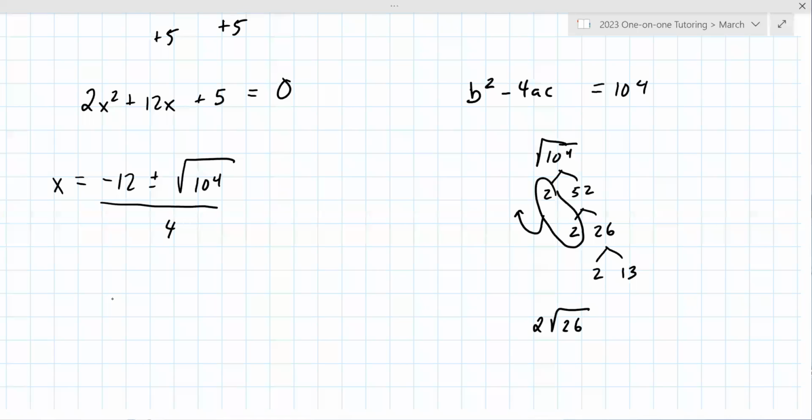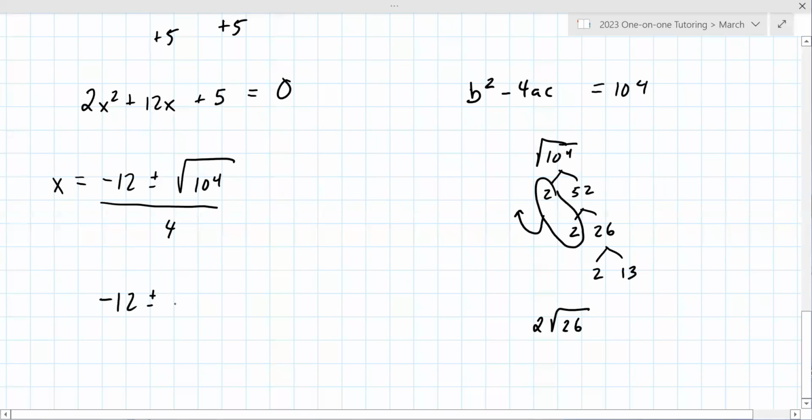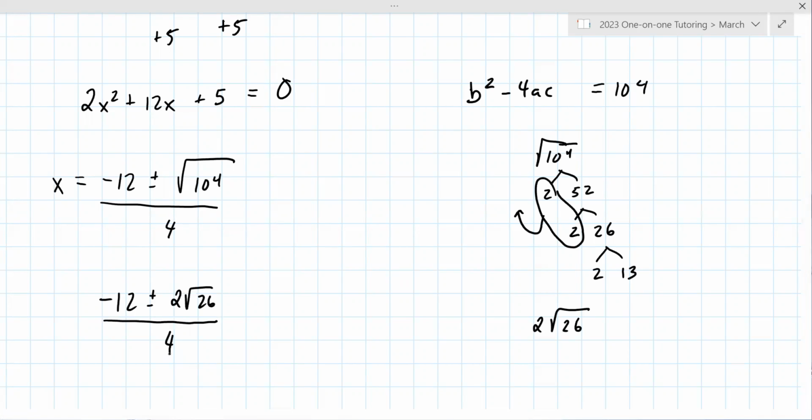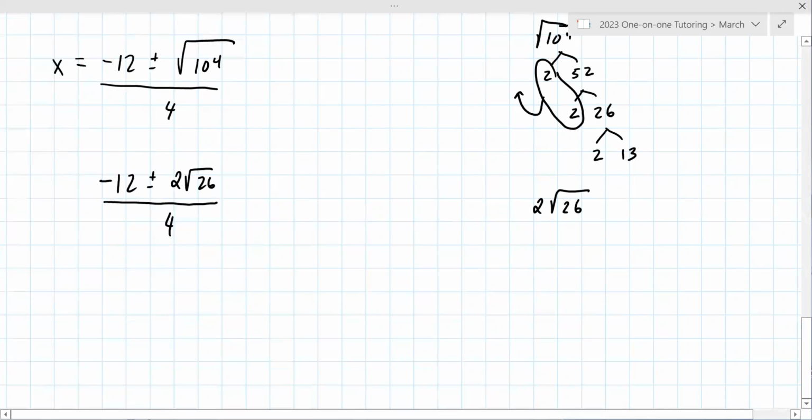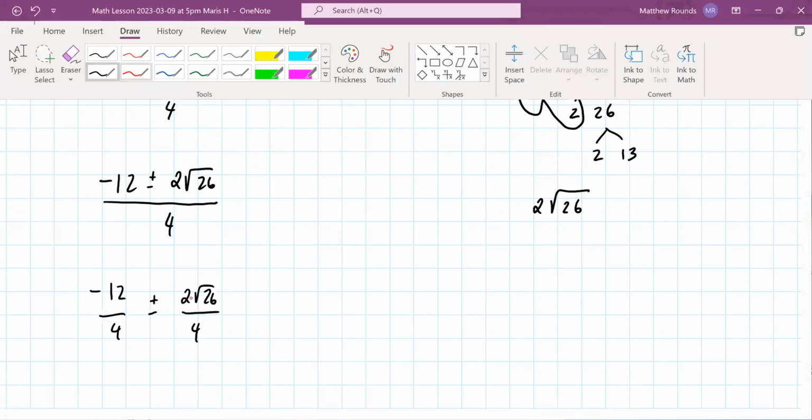Right, so that becomes -12 plus or minus 2 square root 26 over 4. Now you have to divide each of them by the 4. And what's important to keep in mind here is that you cannot divide when it's inside the square root.